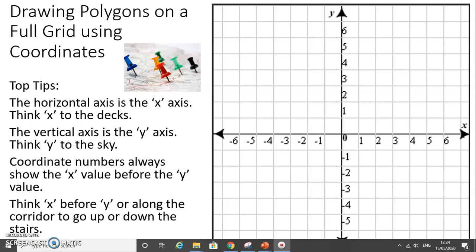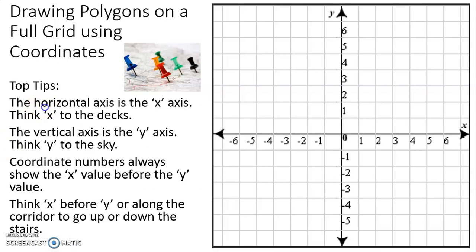Always remember also x comes before y, so when we are given a coordinate, the first number will be x, the second number will be y. Some people also like to remember along the corridor before going up or down the stairs, and we start at 0. Right, let's have a look at drawing some polygons.